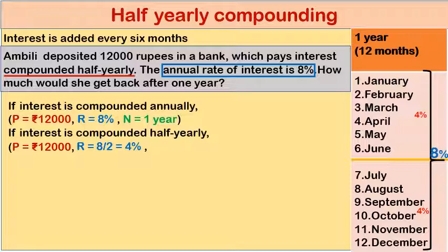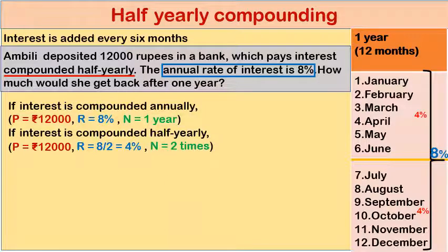Since interest is 8% each year, it is 4% for 6 months. Okay children? And you know N stands for number of periods or number of times. That means how many times interest is added with the principal amount. See children, here 4% interest is added twice. So let us write number of times N equal to 2 times.